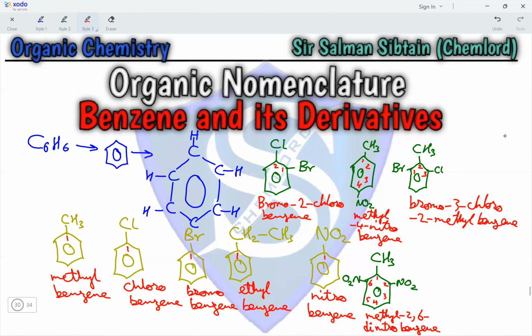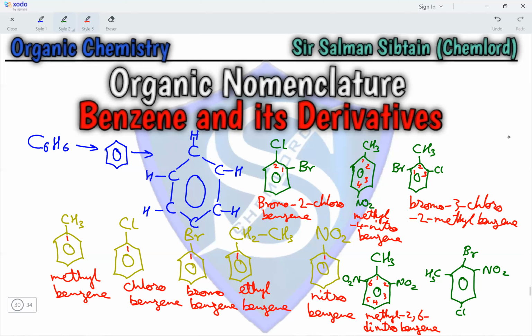Next, we would have a compound in which we have four substitutions. So we would have the benzene molecule placed this way, and I'll place an NO2 here, a CH3 here, a Cl here, and a Br here. So now we've got four substitutions, and based on this, now we've got a choice. We will begin with bromine because B comes before the C of chloro, M of methyl, and N of nitro.